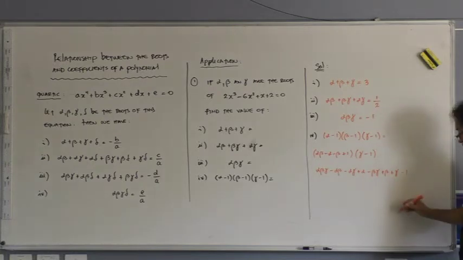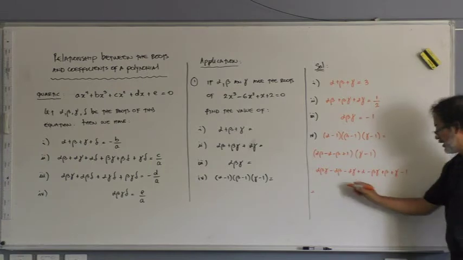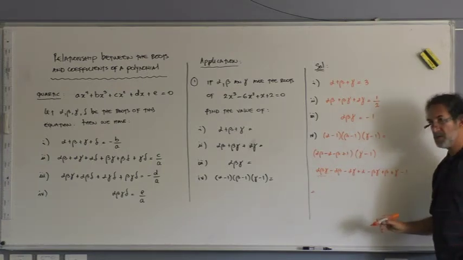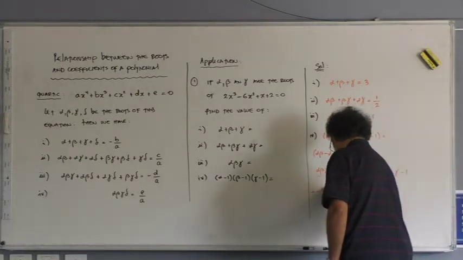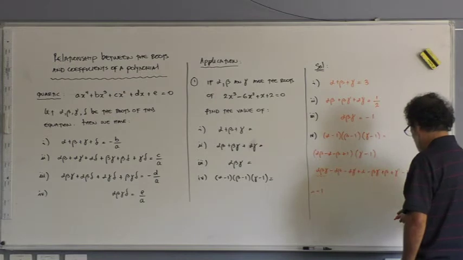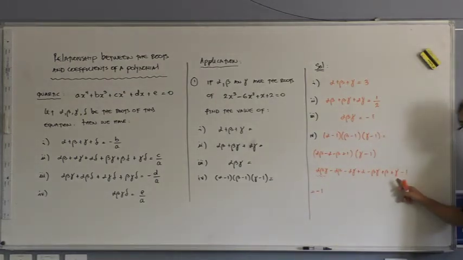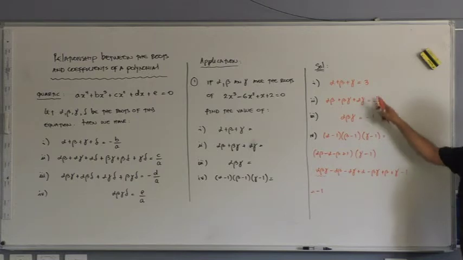But then if you look carefully, we already know the answer for this. It is equal to negative 1, so I'm going to put negative 1. And in here, can you see that we have alpha, beta, and gamma, and that is equal to, what is it? 3?